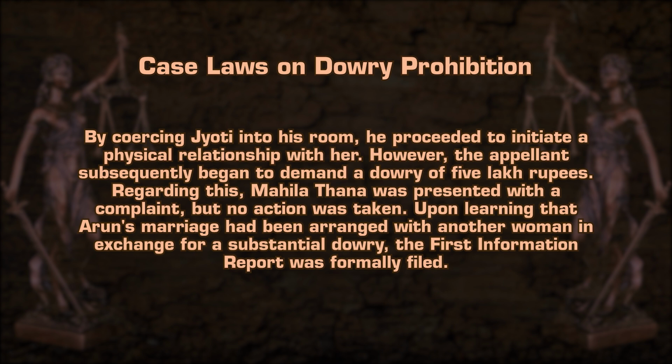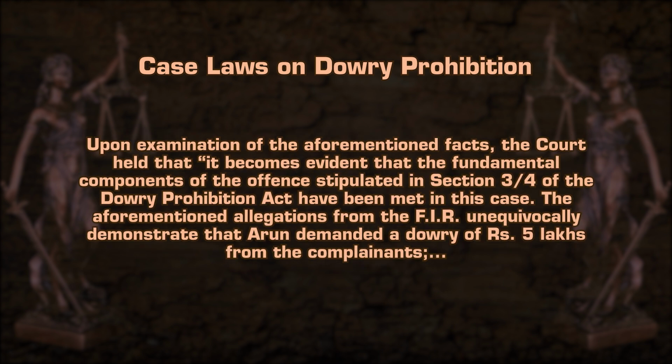Upon learning that Arun's marriage had been arranged with another woman in exchange for a substantial dowry, the first information report was formally filed. Upon examination of the aforementioned facts, the court held that it becomes evident that the fundamental components of the offence stipulated in Sections 3 and 4 of the Dowry Prohibition Act have been met in this case.